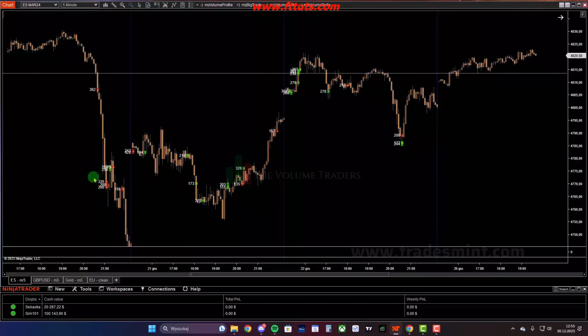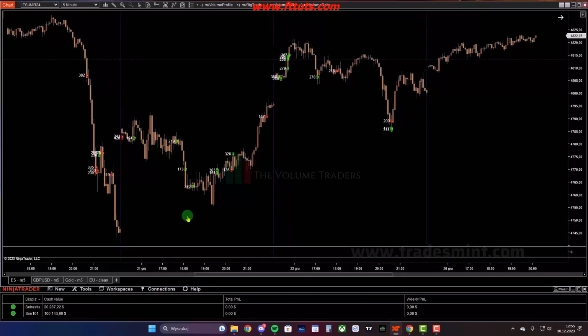So you need some understanding of the moves. If at the end of the session I see big sellers activity, and these zones are red, that could mean that maybe the next day we will also see a bearish move from that zone.